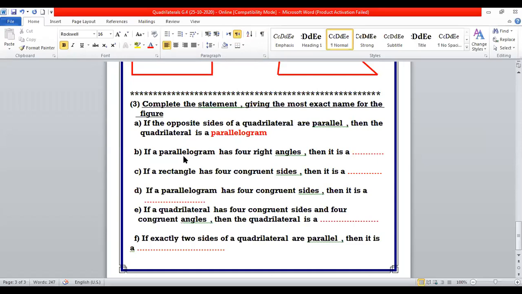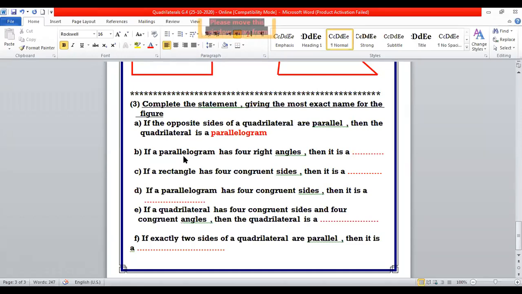Listen to me. In the parallelogram, each two opposite sides are equal in length. Not all sides are equal, only each two opposite sides are equal. What is the figure if each two opposite sides are equal and it has four right angles?